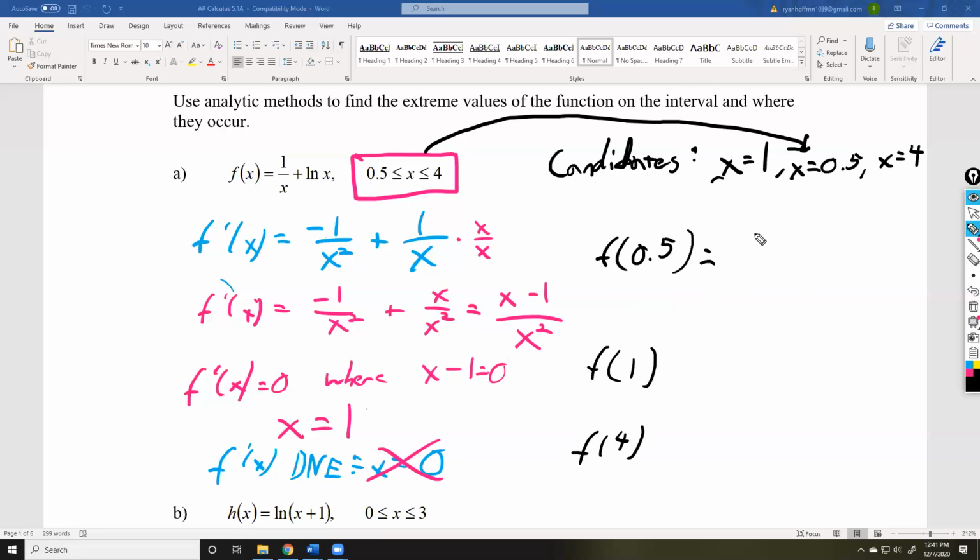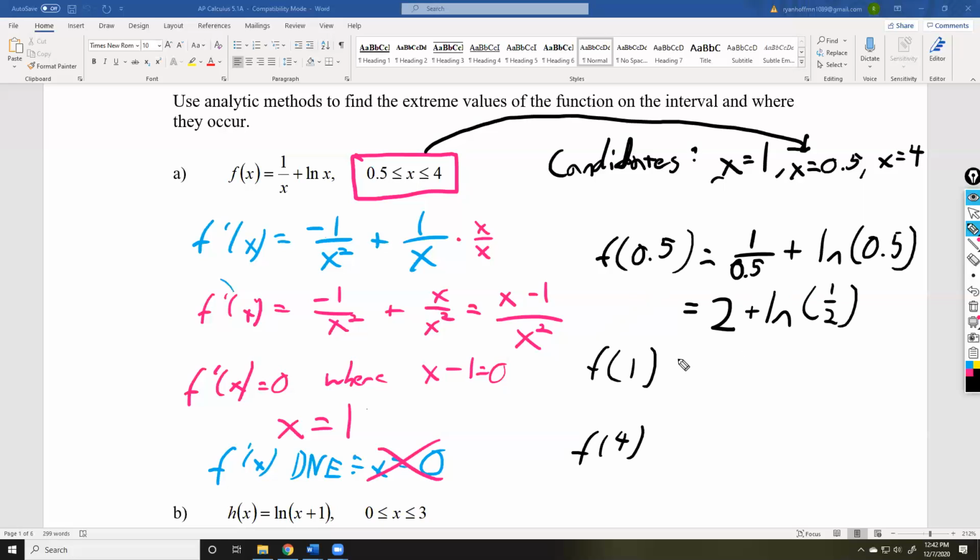So f of 0.5 is 1 over 0.5 plus the natural log of 0.5. Well, 1 over 0.5 is 1 over 1/2, that's going to be 2, plus the natural log of 1/2.